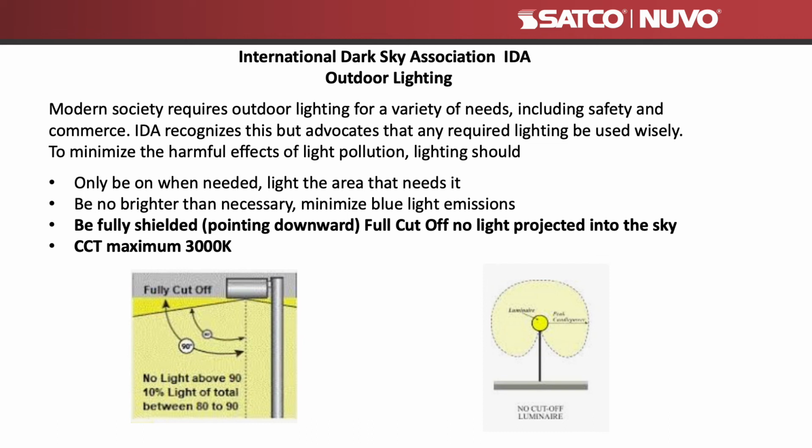A full cutoff fixture does not allow any of the light to go above 90 degrees. The International Dark Sky Association works with municipalities to get these fully shielded fixtures incorporated into their outdoor lighting plan. The reason is to minimize the harmful effects of light pollution.